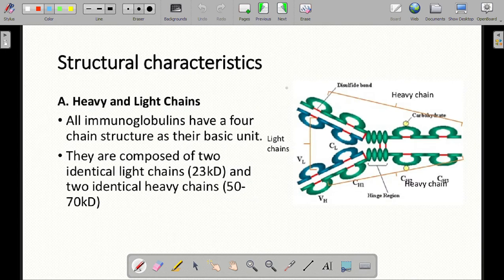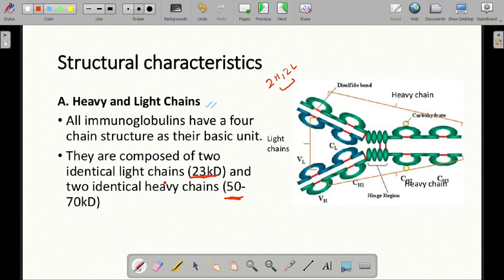And what are the structural characteristics of the immunoglobulins? Immunoglobulins mainly consist of heavy and light chains. All immunoglobulins have a 4 chain structure as their basic unit. It consists of 2 heavy chains and 2 light chains. The light chain is basically 23 kilodaltons and the 2 identical heavy chains are 50 to 70 kilodaltons.